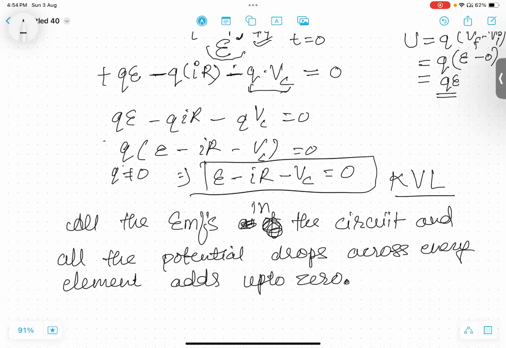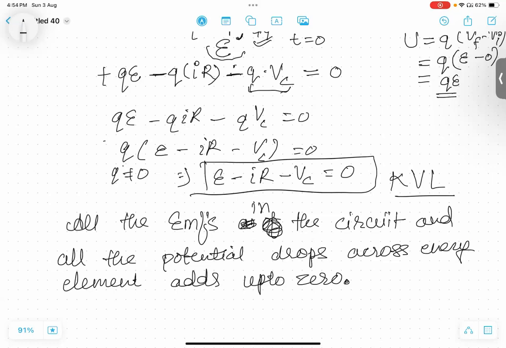I will take some more examples and I will tell you how to apply this Kirchhoff's law. So what it is doing, it is just telling where the charge is gaining energy and where the charge is losing energy.